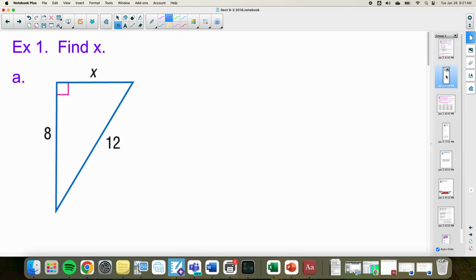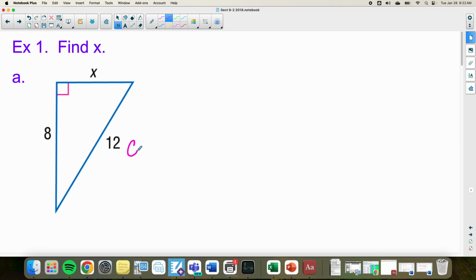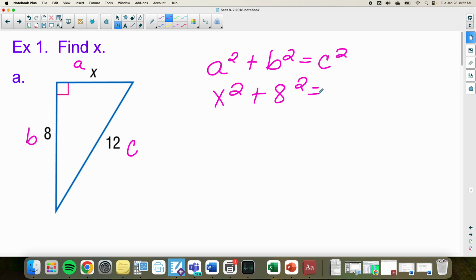Now, let's go here and try one of these. What we have here, across from the right angle, is our C. A and B never matter. I usually have A be my X and B be the other side. And like I said, I do want to see some work for this. So A is X squared, B is 8 squared, and C is 12 squared, okay? Now, 8 squared is 64. 12 squared is 144.